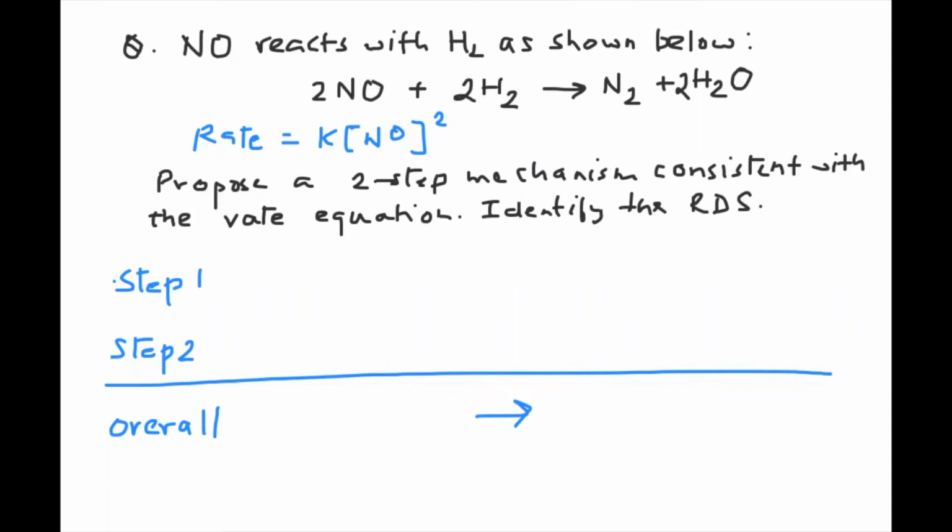So once again we are going to set it out as step 1, step 2 and then we write the overall equation based on what's given to you. So overall is 2NO plus 2H2 gives you N2 and 2H2O.